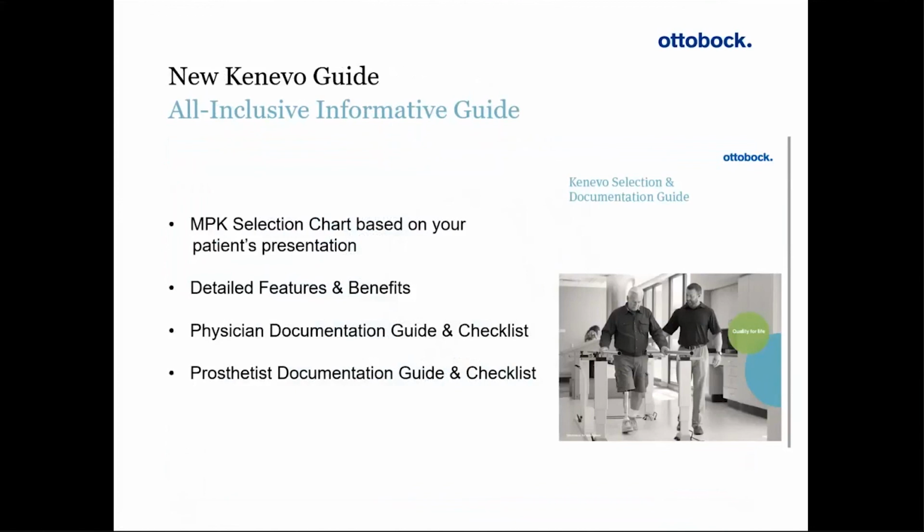There are actually checklists in there that you can use to audit your physician notes to see what elements are missing based on the policy language, based on Medicare LCD, in order for you to achieve the most success when you're submitting your claim or your documentation for prior auth, as well as the prosthetist documentation guide and checklist. Same cadence. It tells you what you should be putting in your notes, as well as a little checklist for your office managers or coding staff to look through, to make sure that your notes meet guidelines as well.